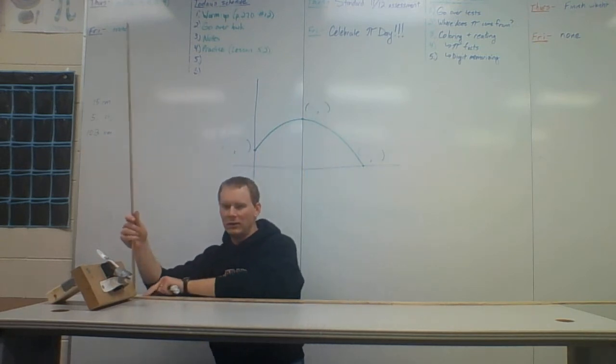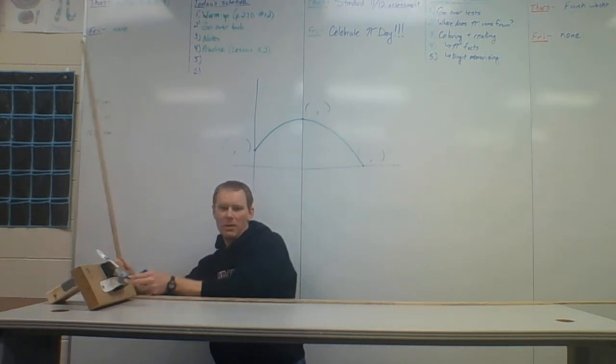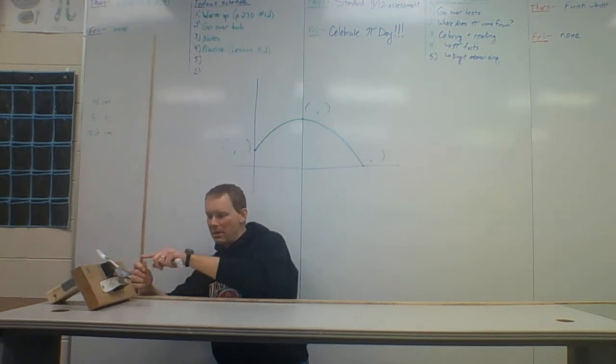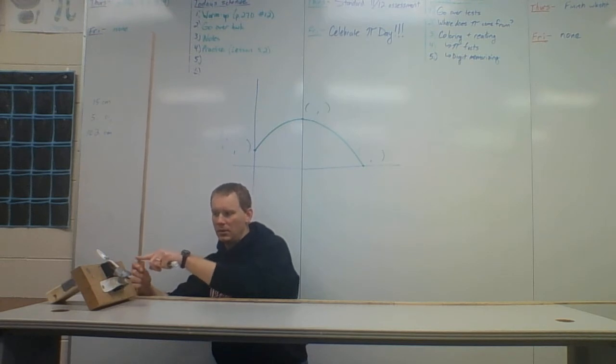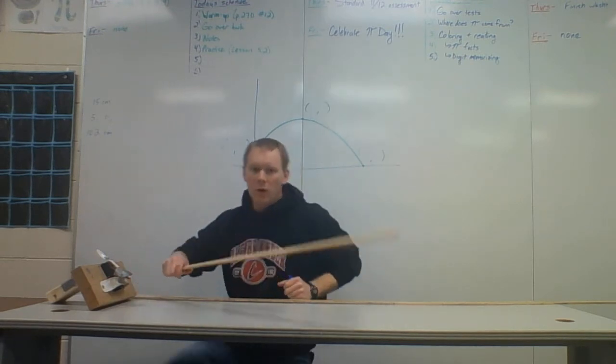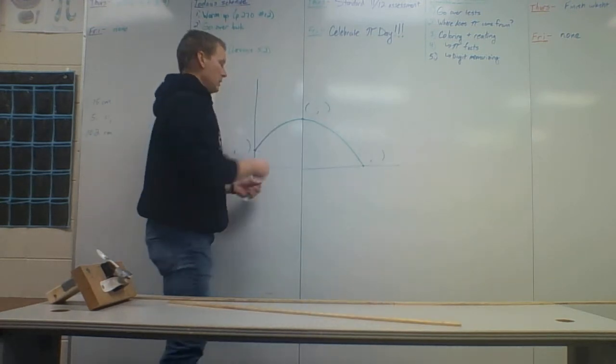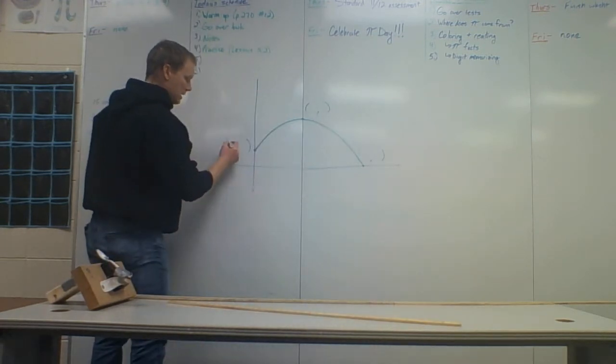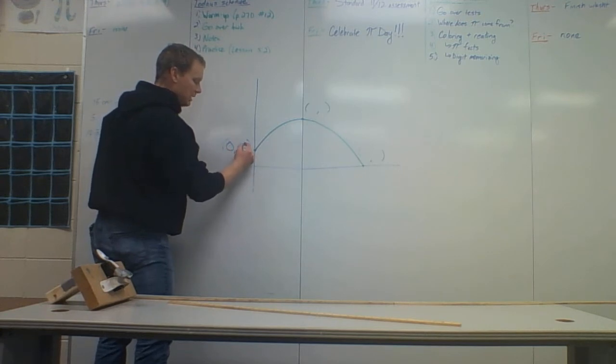Is it starting at 0, 0? No, I'm starting my x-axis at 0, but the projectile is about 15 centimeters high when it launches. So you would create this picture. The y-intercept was 0, 15.